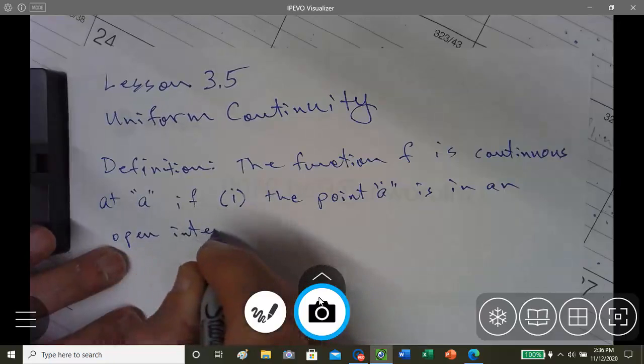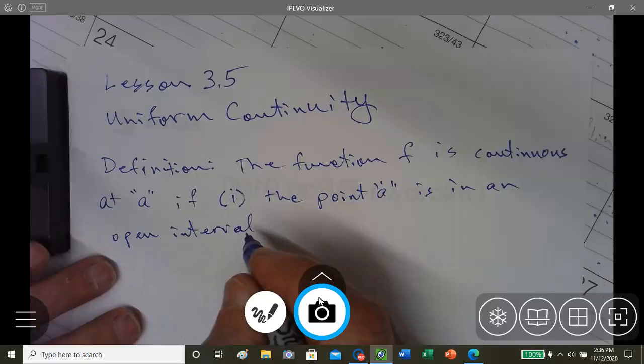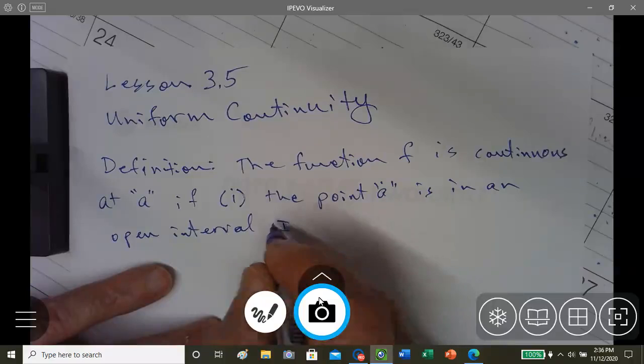Okay, so that's the first open interval I.